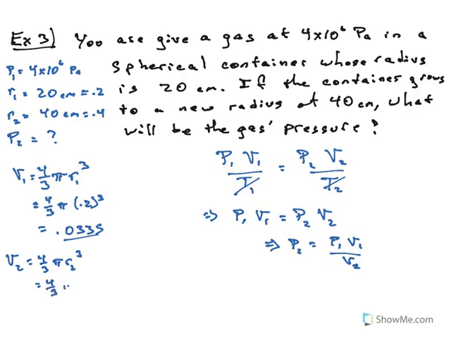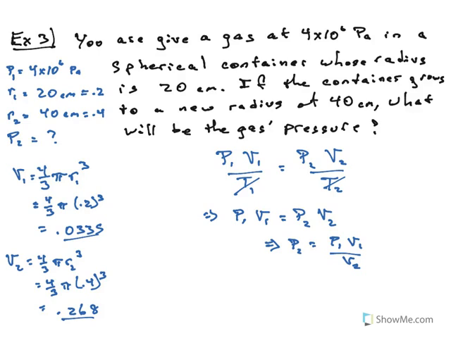So 4/3 times pi times 0.4 cubed, which gives me 0.268. All right, now we're good to go.